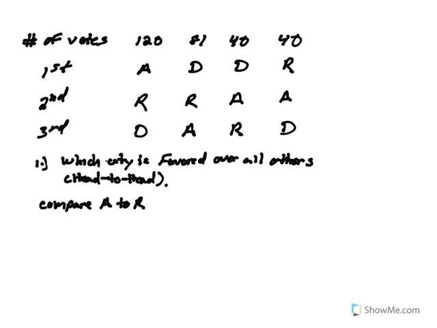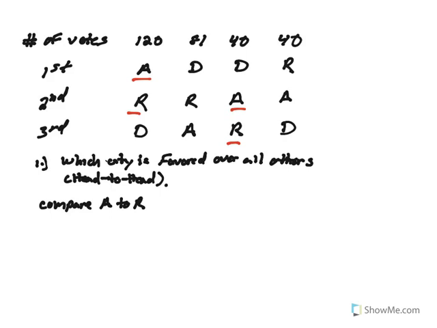In column 1, A is favored over R because A is first, R is second. In the second column, R is favored over A, so that column lost. In the third column, A is favored over R. And the fourth column loses because R is favored over A.